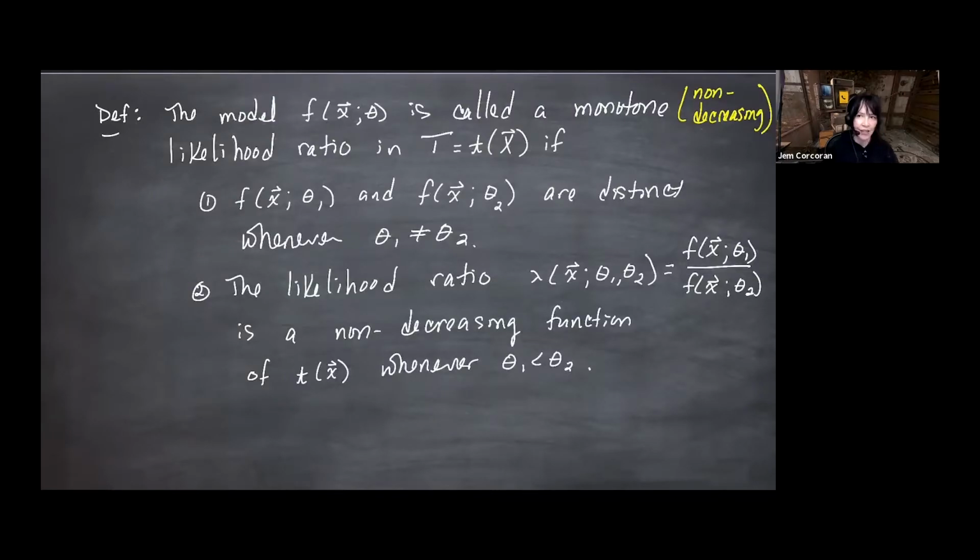All right, that's just a definition. And you can imagine changing the yellow thing in the upper right corner to non-increasing, and then you would just have to change this. But again, when people don't specify, they mean non-decreasing.